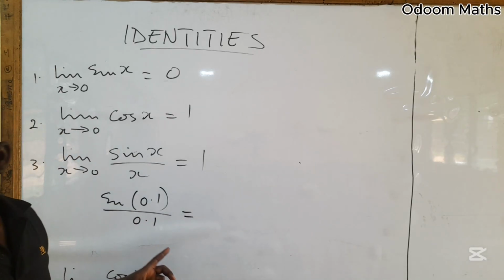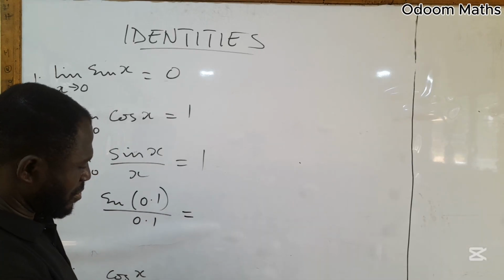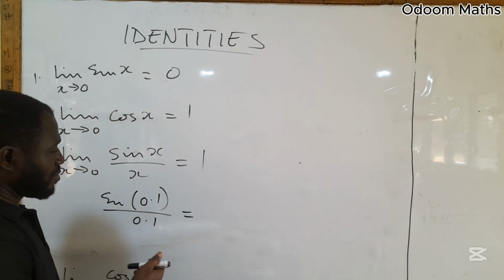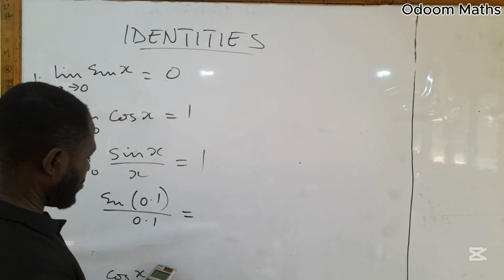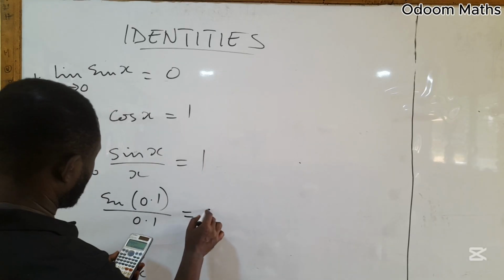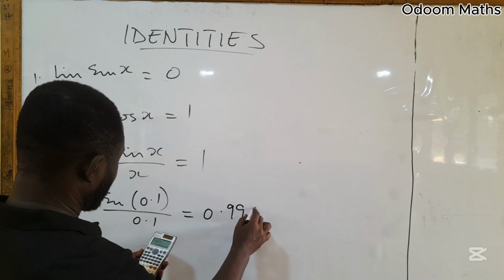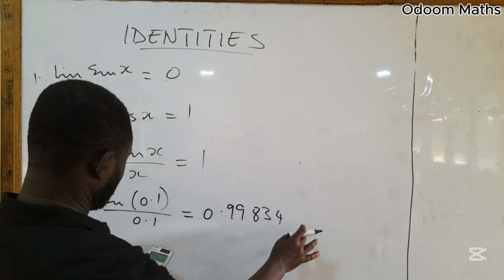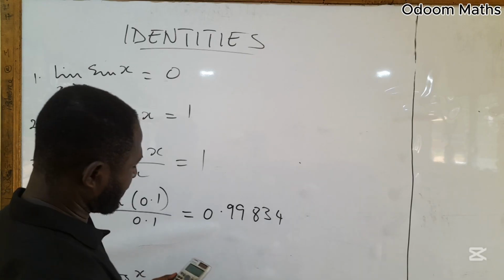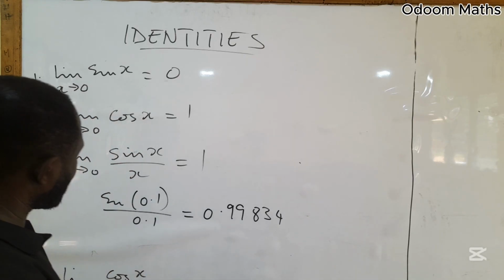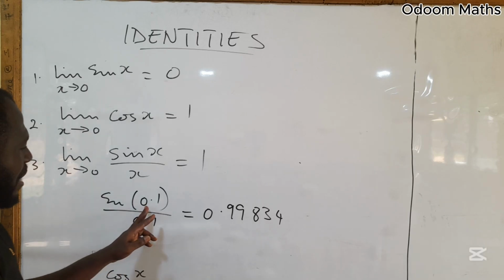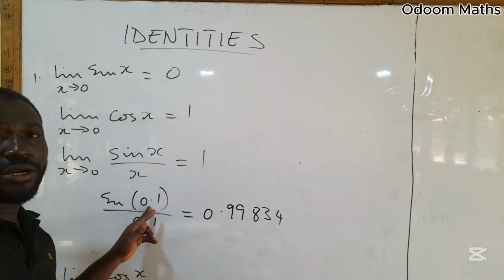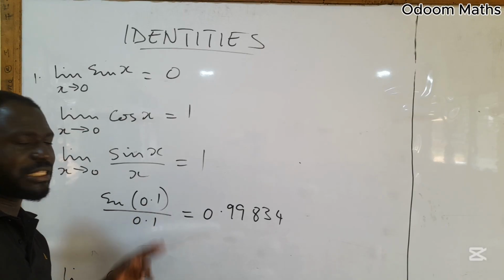On the calculator, sine 0.1 over 0.1 gives 0.99834 and the rest, 41665. This is far from 1, but a little bit closer to 0. So let's move towards 0 and see.